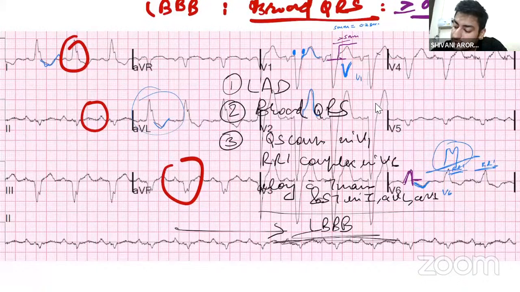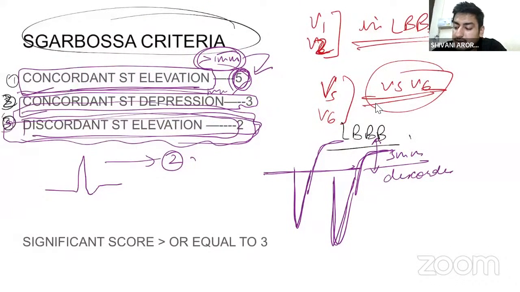If there is downward QRS and ST depression, this is concordant. This is given a score of 3. The total score is 10. Significant score is when the score is equal to or more than 3. I hope I am clear here.